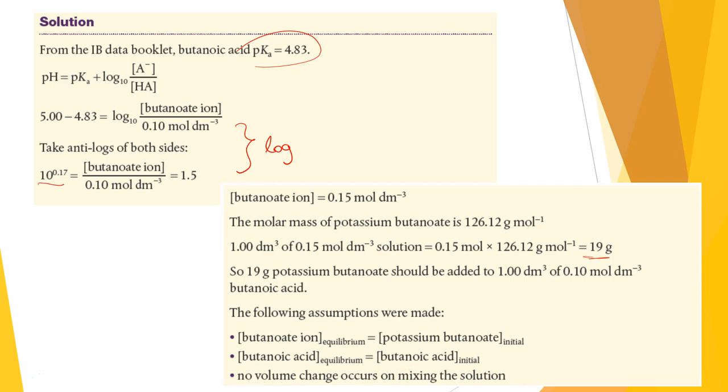So when we add in the 19 grams of potassium butanoate, it isn't going to change the overall volume. These are the 3 assumptions we make in order to solve this calculation. If we didn't make these assumptions, there would be no way for us to solve these types of problems.